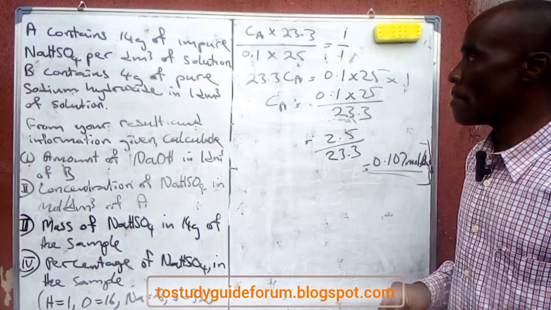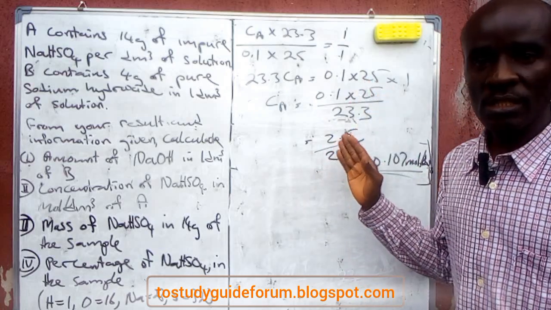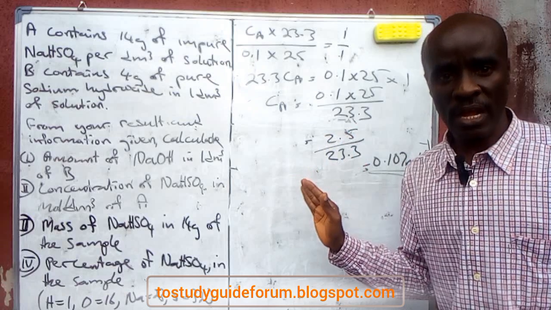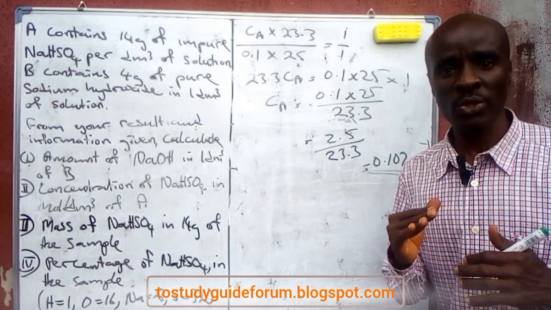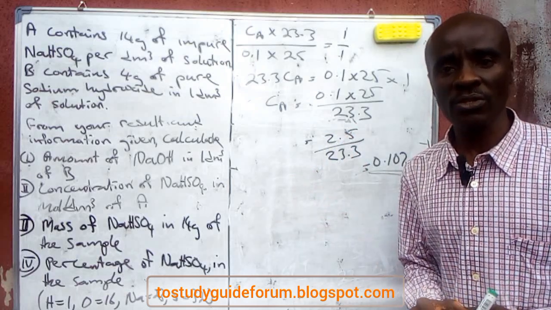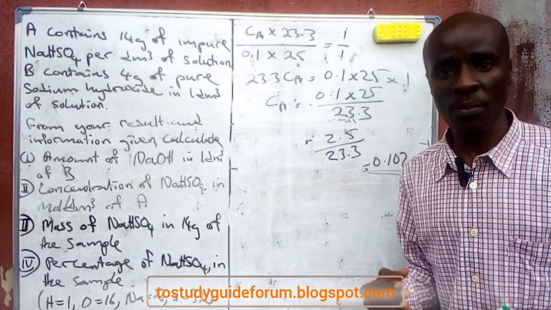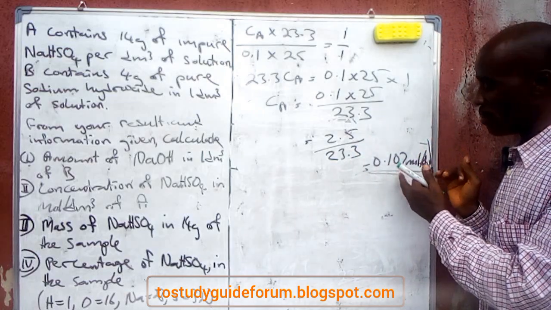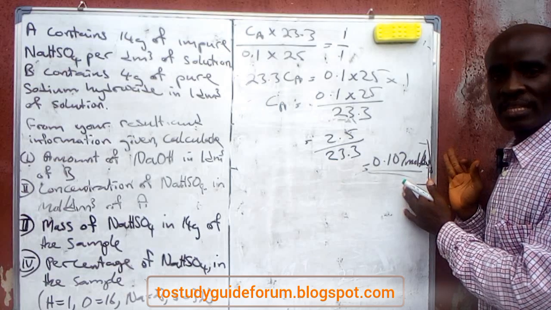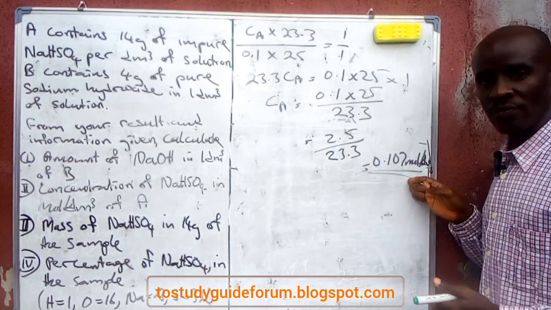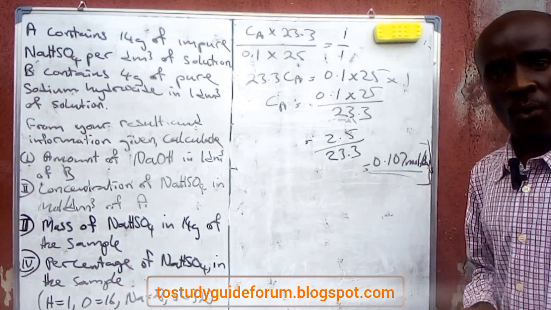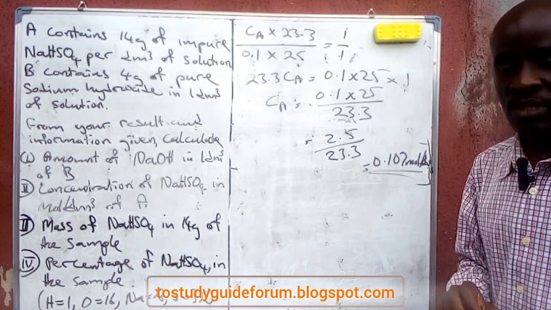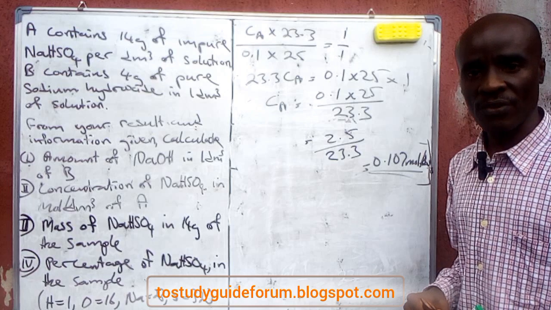Now, remember, impurities did not get involved in the reaction because we're looking at what happened between the pure sample of sodium hydrogen tetrasulfate 6 and sodium hydroxide. So this is what happened. The reaction between them, they reacted in a mole ratio of this, 0.107 mole per gm cube. That's for the sodium hydrogen tetrasulfate 6.